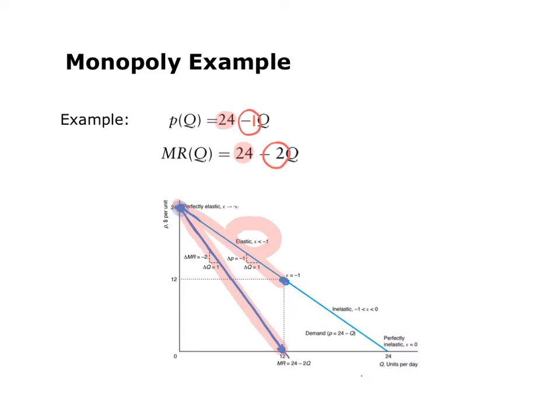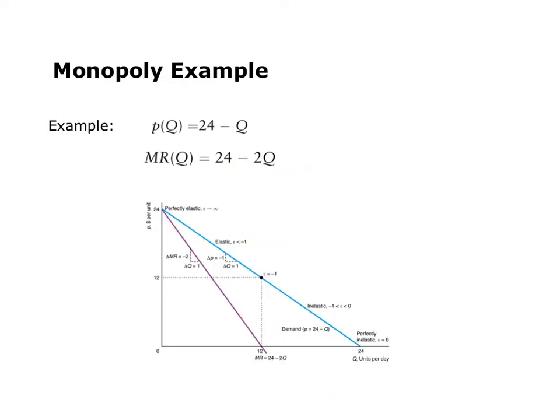On the other hand, when demand is inelastic, which is the bottom half of a linear demand, marginal revenue is negative. And finally, when demand is unit elastic, which is always true at the midpoint of a linear demand, marginal revenue is exactly equal to 0.